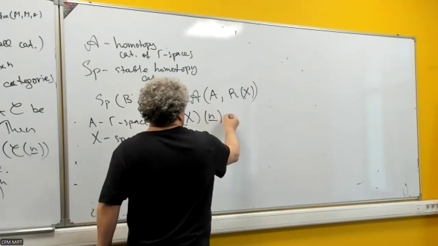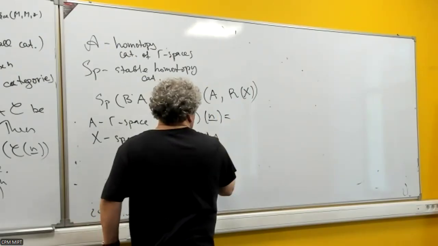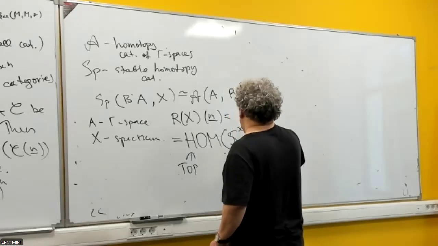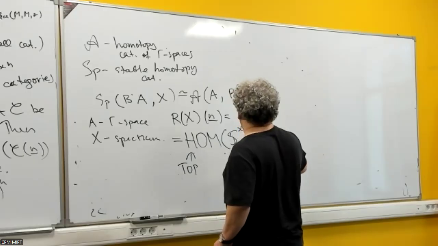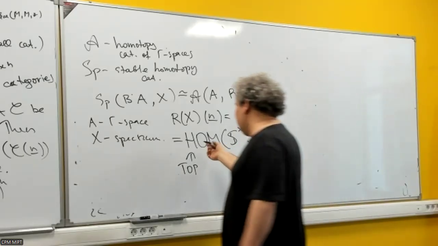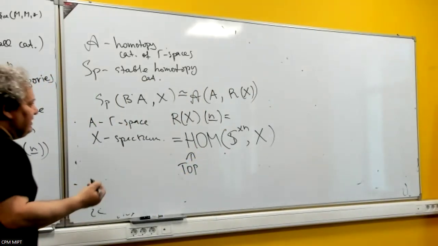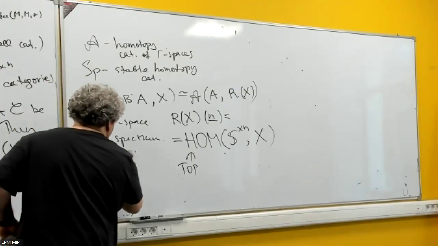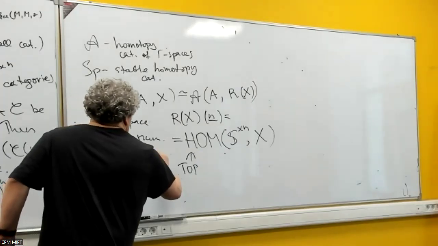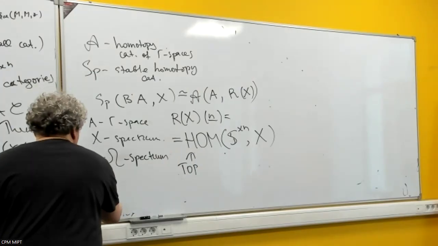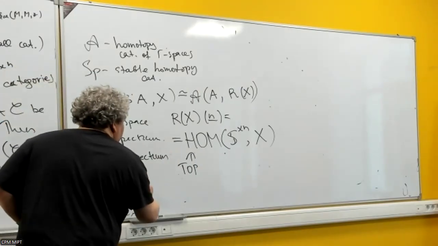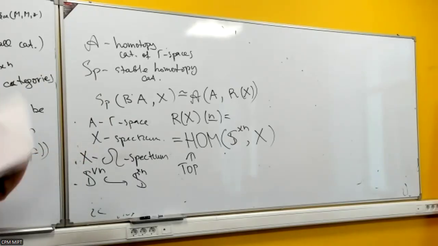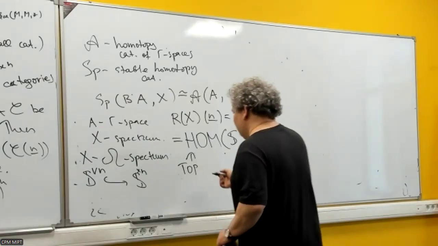It's a gamma space whose value on n is this internal Hom, which takes values in topological spaces, from the product of sphere spectrum to the n, to X. Then from the general homotopical property of this internal Hom, which we claimed without proof, for an omega spectrum, I have the embedding from S in the wedge product n to S in the Cartesian product n, and what I use is that it induces weak equivalences on Hom.